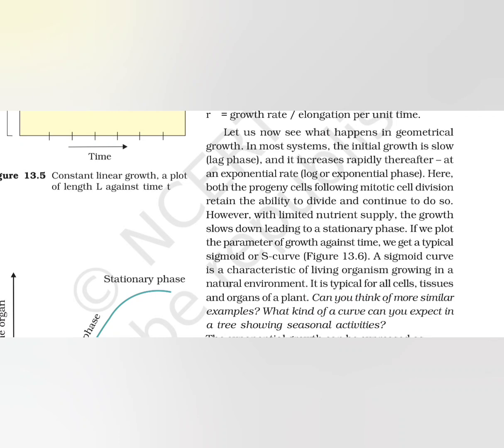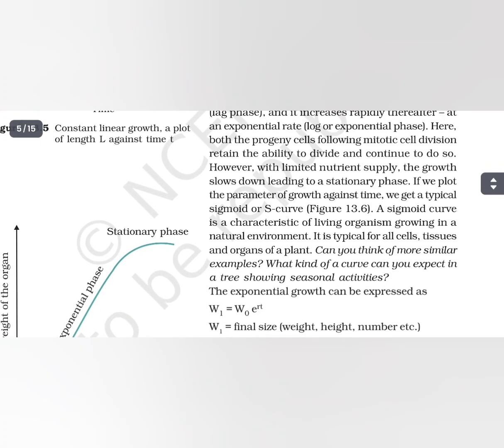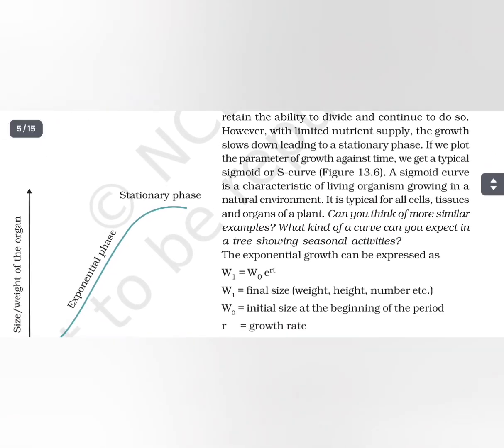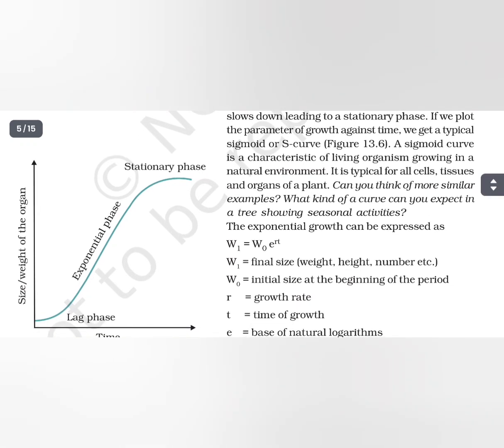If we plot the parameter of growth against time, we get a typical sigmoid or S curve. A sigmoid curve is a characteristic of living organisms growing in a natural environment. It is typical for all cells, tissues and organs of a plant. Can you think of more similar examples? What kind of a curve can you expect in a tree showing seasonal activities?